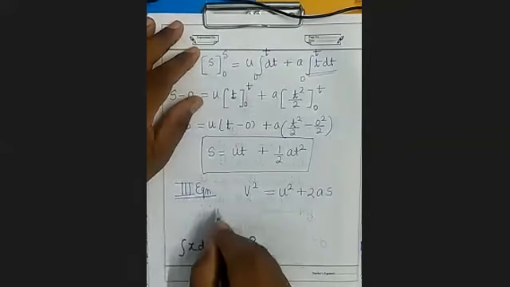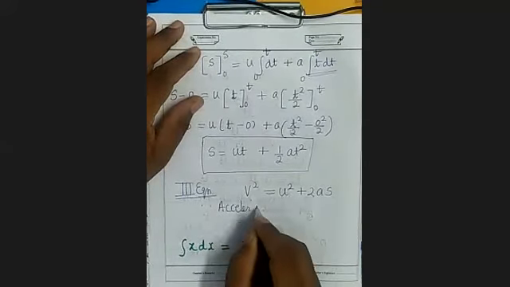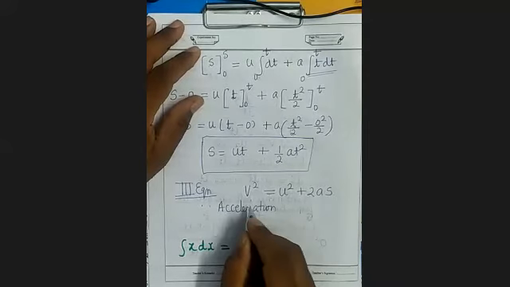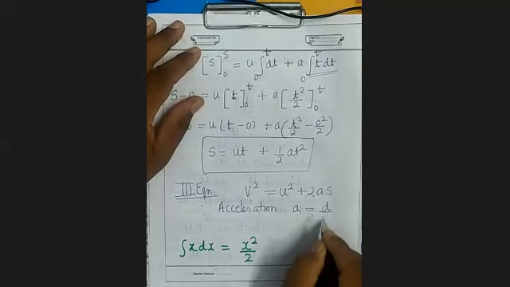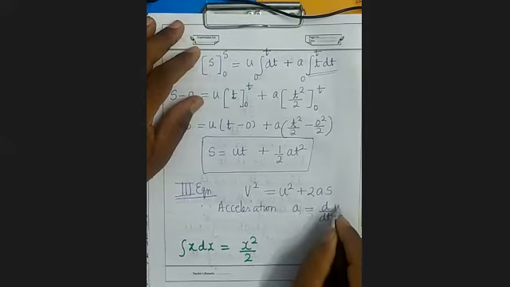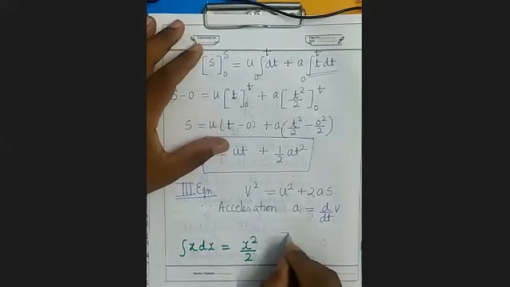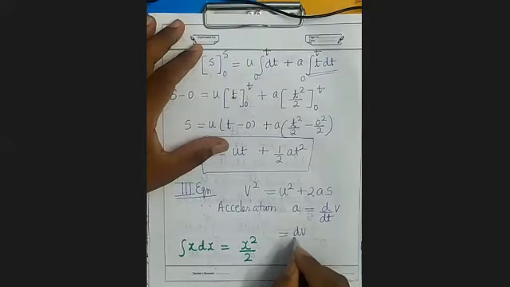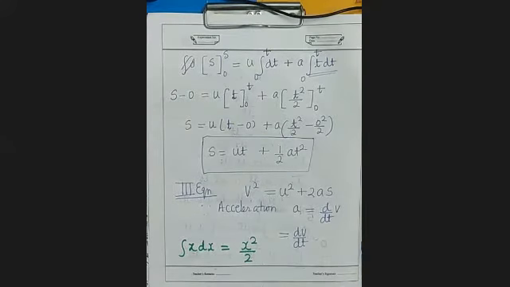Since acceleration we have used in the first equation, a equals to d by dt of v. Sometimes we say it as dv upon dt and write in this way. We write dv upon dt, but it is read as d by dt of v.